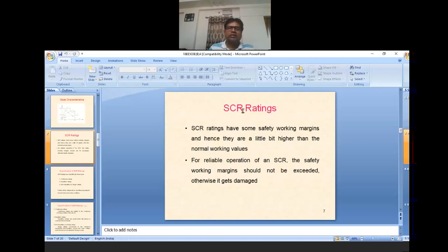Whether it is SCR or other thyristor family devices, these guidelines hold good. When compared to other normal electronic components, thyristor family devices and power electronic devices are subjected to higher voltage and currents, and they will be continuously subjected to higher junction temperatures also.